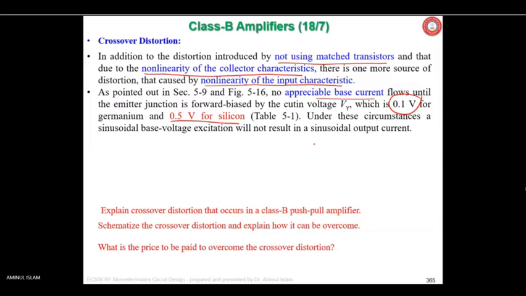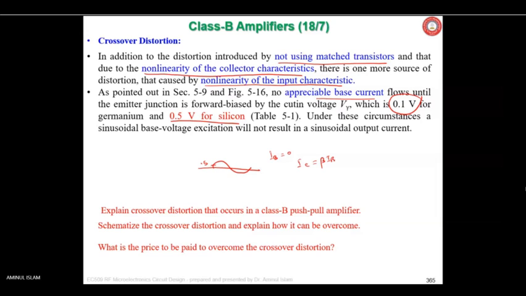Under these circumstances, sinusoidal base voltage excitation will not result in sinusoidal output current. I mean, there will be no collector current, because unless your input crosses some value of 0.5 volt, no base current flows. If base current IB equals 0, then you don't have collector current, because in general IC equals beta IB, or not?